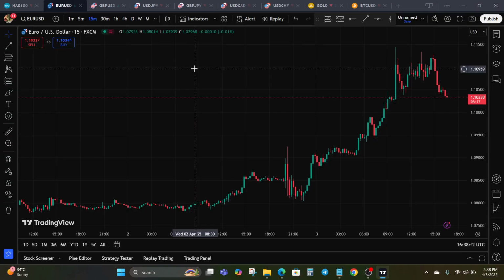But first of all, you need to understand the concept of scalping. Scalping is a trading technique that focuses on making small, rapid trades throughout the day. The goal is to capitalize on tiny price movements by entering and exiting trades within minutes.